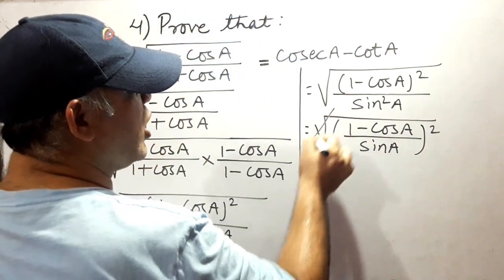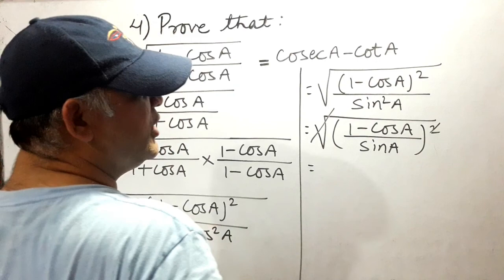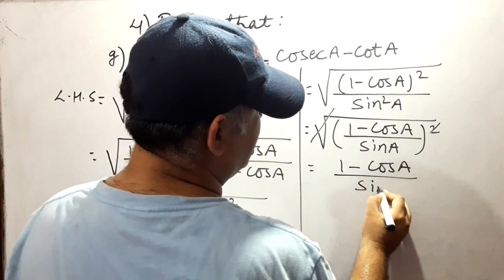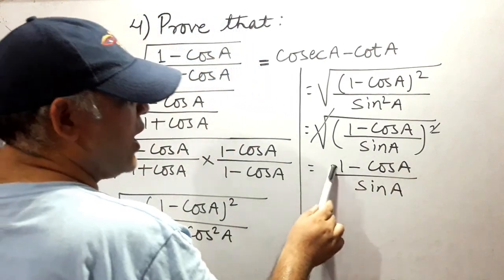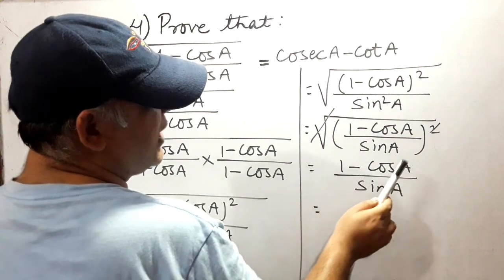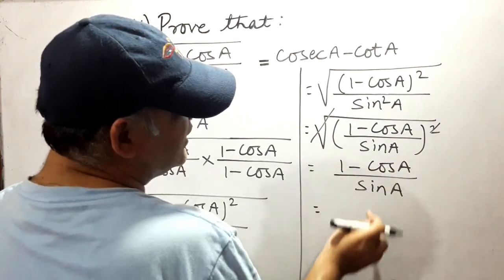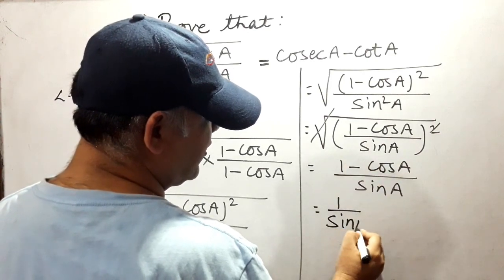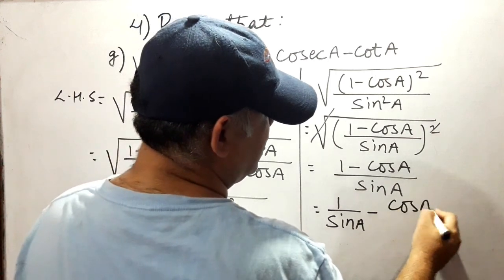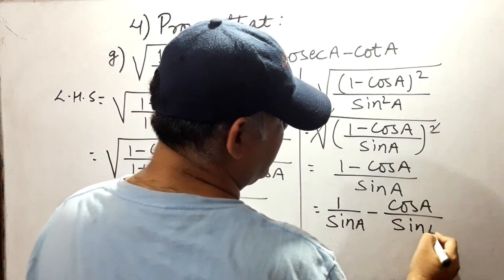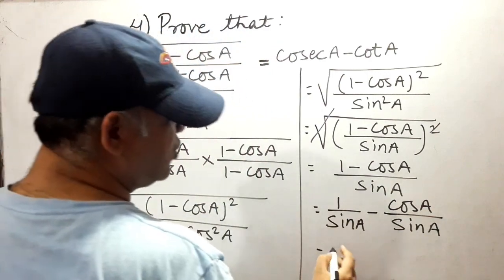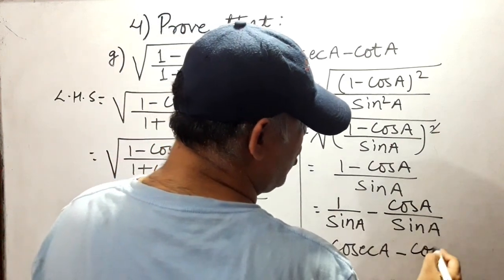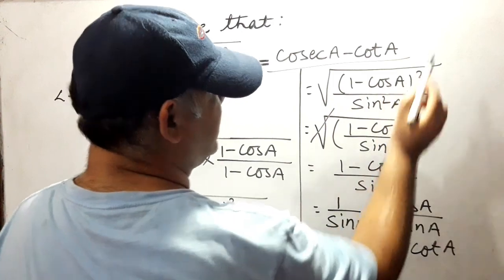Now we can cancel the square root and square. The remaining terms are (1 minus cos A) by sin A. Let's separate 1 and minus cos A. When we separate these two terms, sin A is taken by both terms. So 1 by sin A minus cos A by sin A. 1 by sin A is equal to cosec A, minus cos A by sin A is equal to cot A, which is our right hand side.